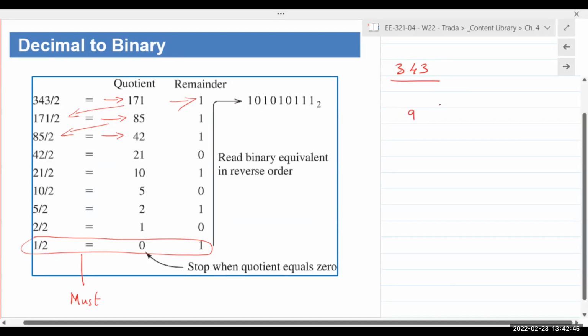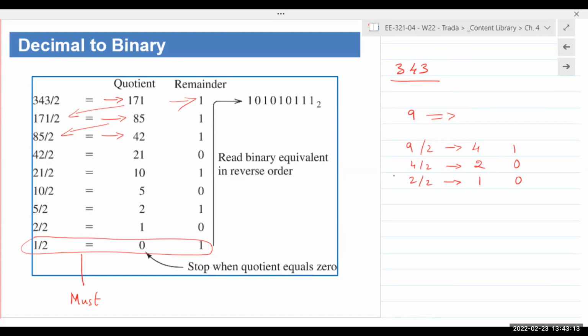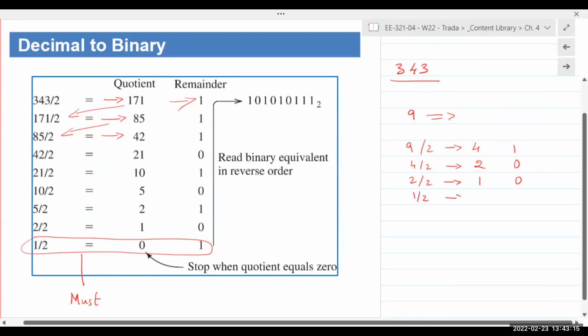So we start with 9, and you want to convert 9 to binary. You take 9 divided by 2. What do we get? 4, remainder 1. 4 divided by 2, quotient is 2, remainder 0. 2 divided by 2 gives you 1, remainder 0. And as a last step, you do 1 divided by 2.